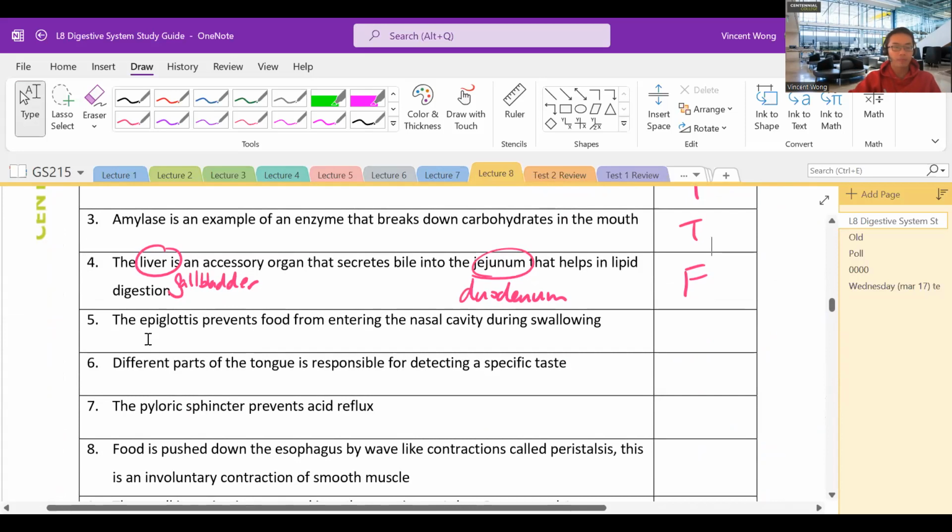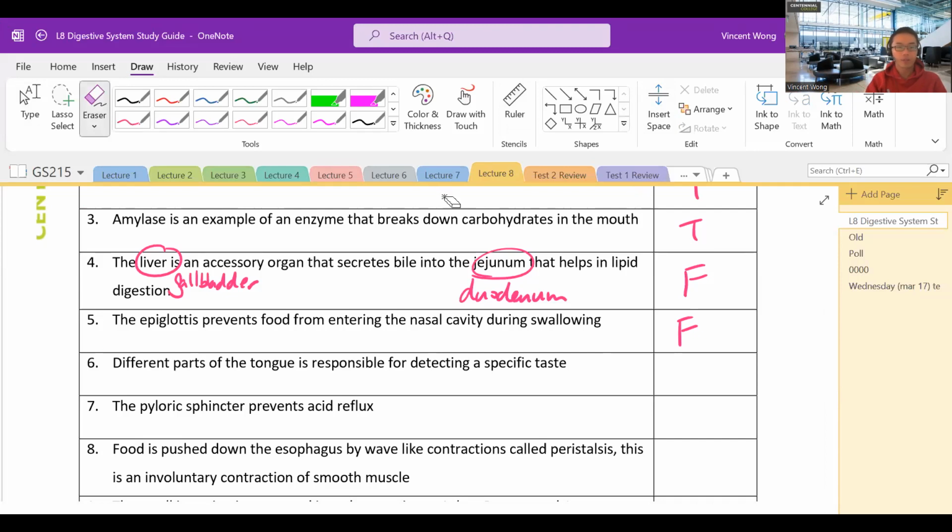Okay, number 5. The epiglottis prevents food from entering the nasal cavity during swallowing. This is false. What is wrong with it? Does anybody want to tell me what I need to change? The epiglottis helps to prevent food entering the trachea, not the nasal cavity.